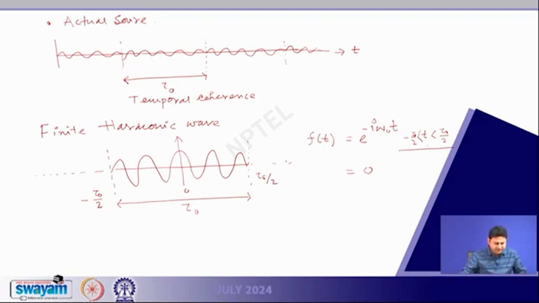Once we have that finite wave in the time domain, we can find out the spectrum of this finite wave. What is the meaning of the spectrum?